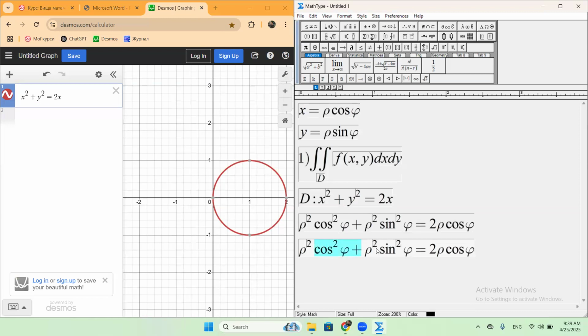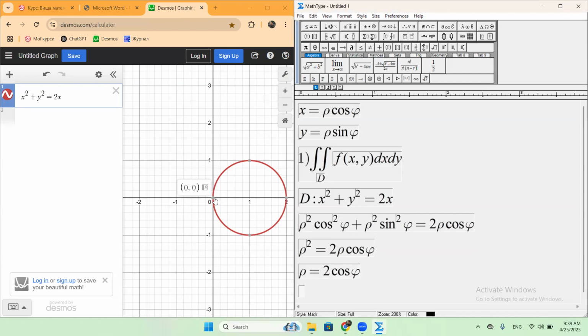What do we have on the left side? Rho squared. And we also can cancel rho. So we have the equation rho equals 2 cosine of phi. So this is the upper limit of integration.